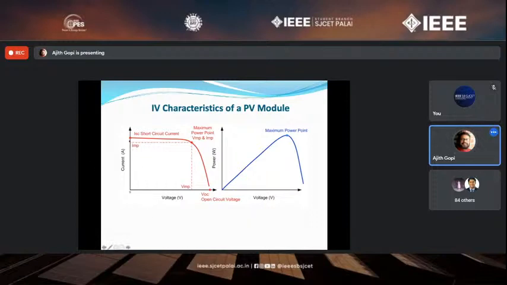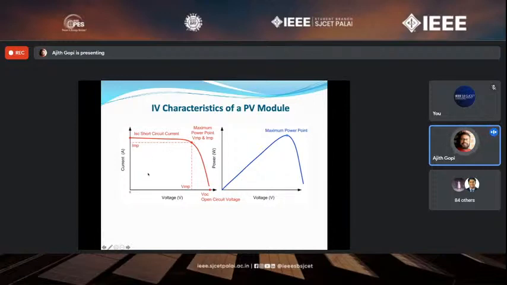Okay, this is the basic IV curve for a solar PV module. You will have a short circuit current for a PV module, which is the highest current, if you short circuit a PV module, and you have an open circuit voltage, and this is the IV curve.